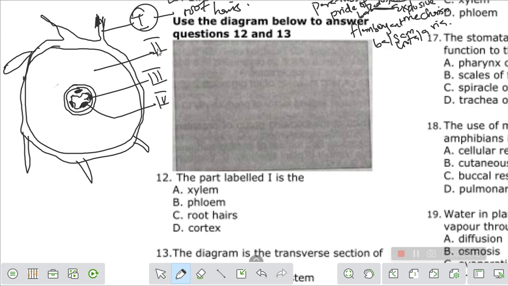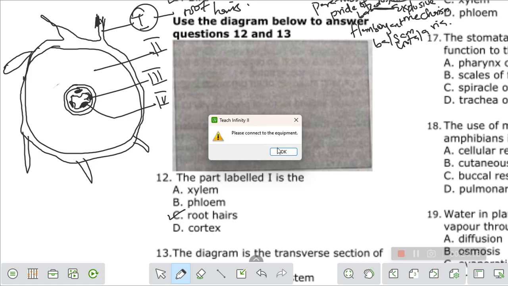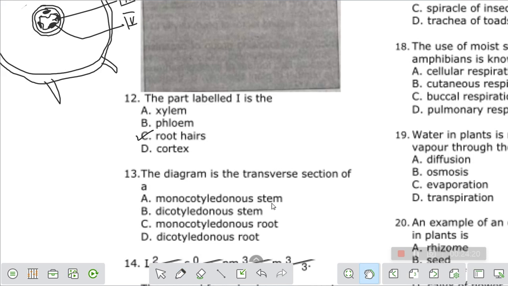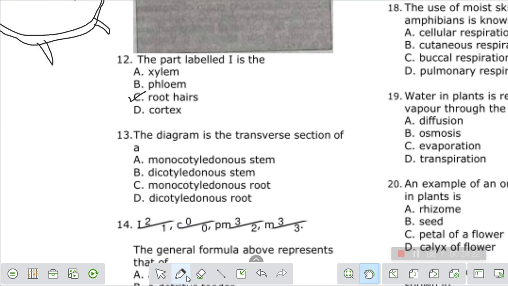So please study the diagram very well. They can ask diagrams in any way, right? So what is this number 4 now? This number 4 that I drew, these dots, it is the phloem. This is the xylem. This number 2 now, what is that one? That's your cortex, and so on and so forth.